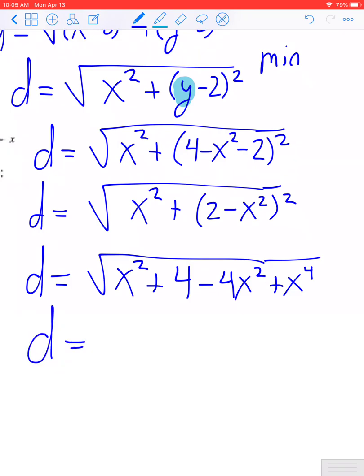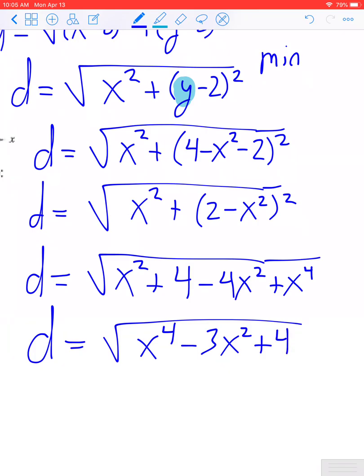So d is equal to the square root of x to the fourth minus 3x squared plus 4. So we have our function of a single variable.